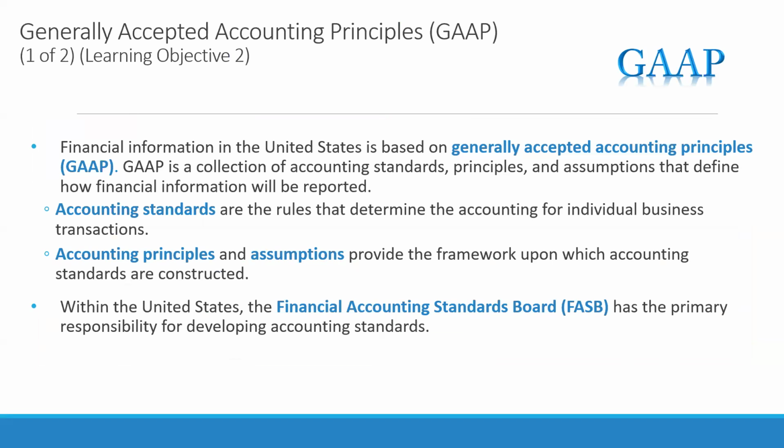So generally accepted accounting principles, also known as GAAP. This is created by the Financial Accounting Standards Board, or the FASB. And they determine all the accounting standards. And they have a list. You can look them up.